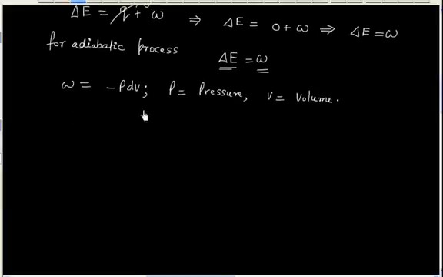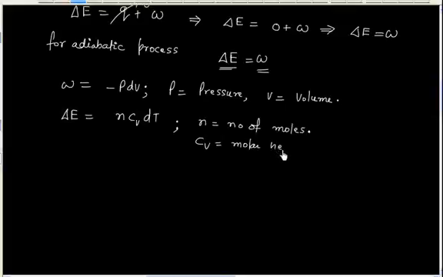And change in internal energy delta E is given by n Cv dT, where n is the number of moles, Cv is the molar heat capacity at constant volume, and T is the temperature.